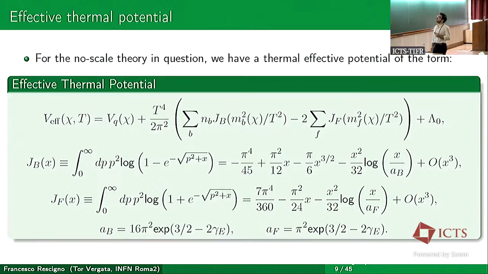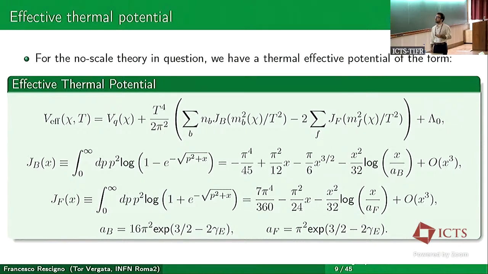Now, for the no-scale theory that we are studying, the thermal effective potential takes this form, where this is the zero temperature contribution that we calculated before, and this is the thermal contribution. Here you can see the bosonic contribution and the fermionic contribution, plus a cosmological constant that will play no essential role in our analysis, but it can be included.